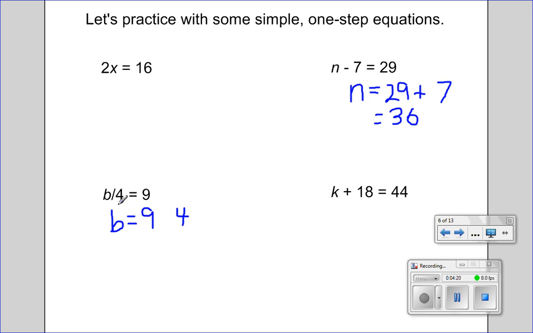Because I divided on the left, I have to multiply on the right. And just coincidentally, again, I get the answer 36. And I can test this. I can go back to the original equation. I'll sub in 36. 36 divided by 4 is 9. So put the video on pause so that you can try out these remaining 2 questions at home.